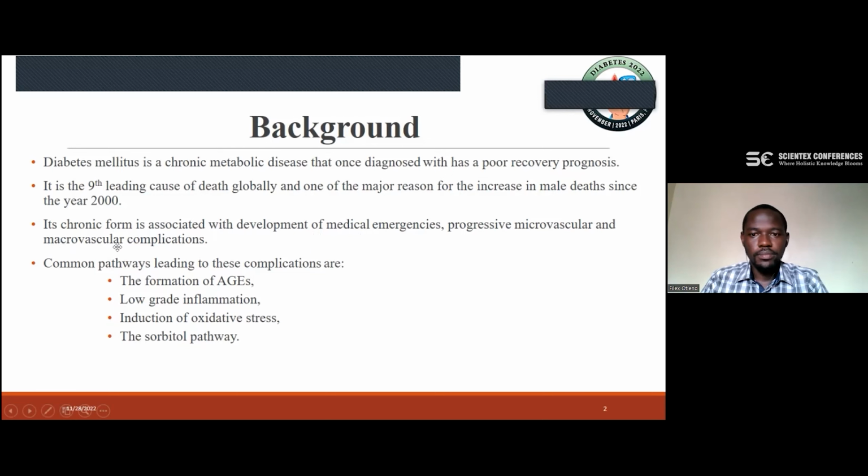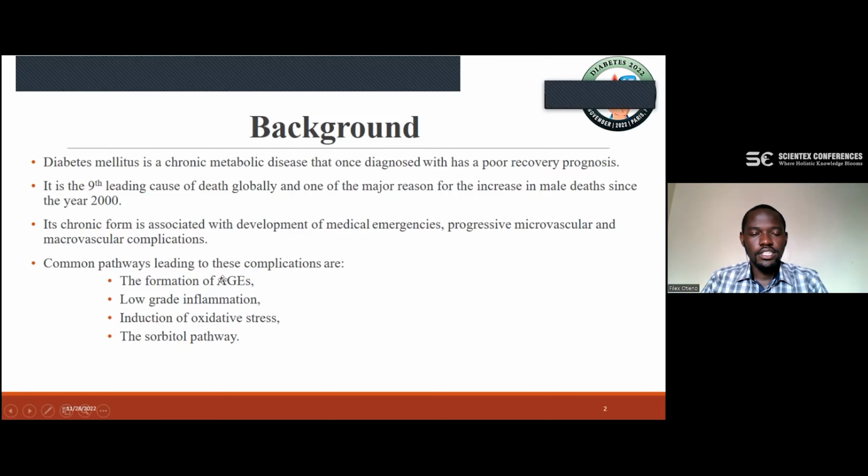Amongst all these, the complications and the emergencies, more on the complications, the common pathways that lead to these complications are formation of advanced glycated end products, low-grade inflammation, induction of oxidative stress, and the sorbitol pathway.